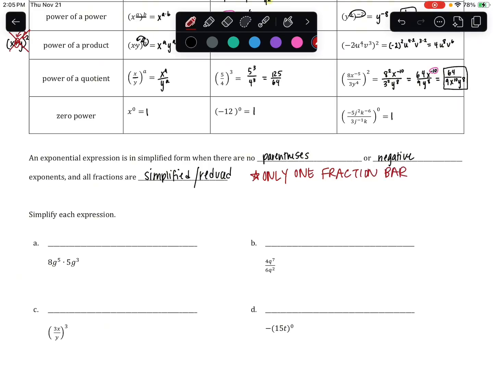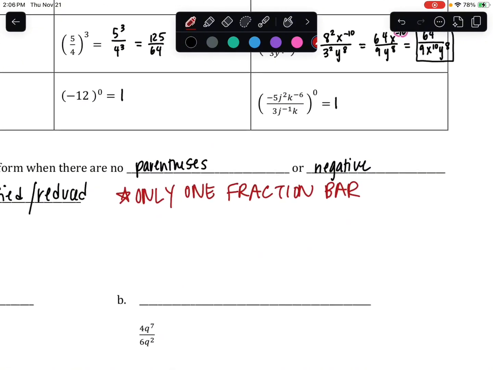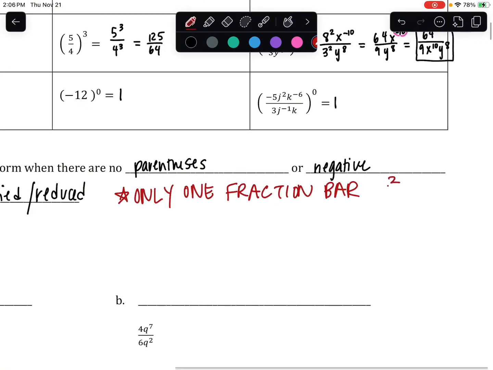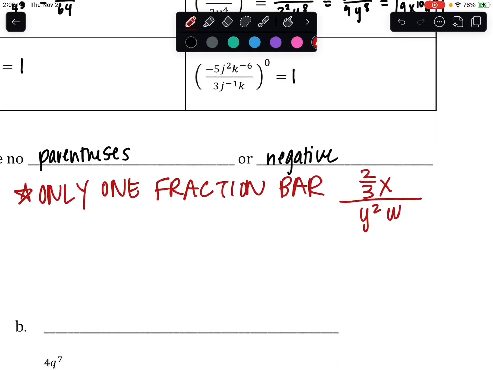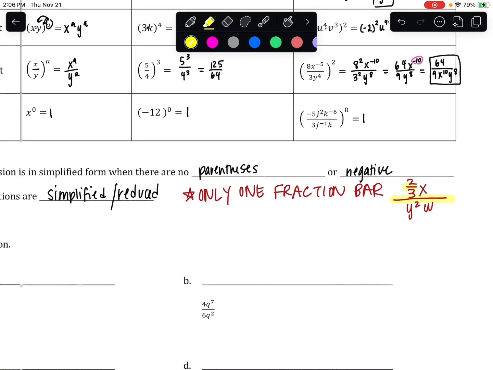So for example, if you end up with a fraction like 2/3, you wouldn't want to put that on top of a fraction. So let's say I had some other variables down here. This would not be simplified because I have a fraction bar here and here.